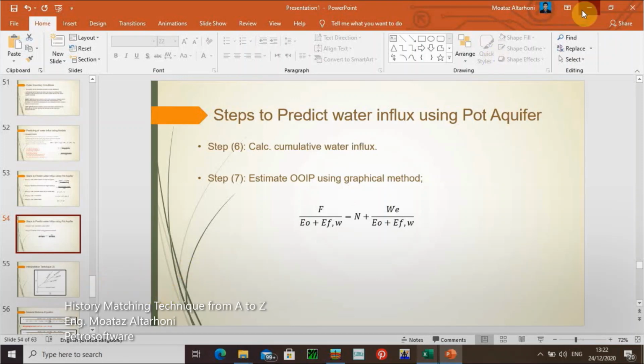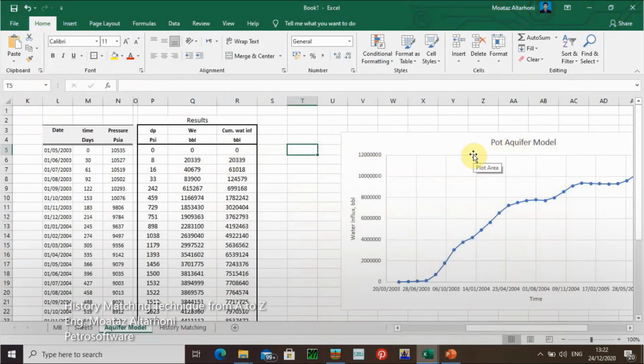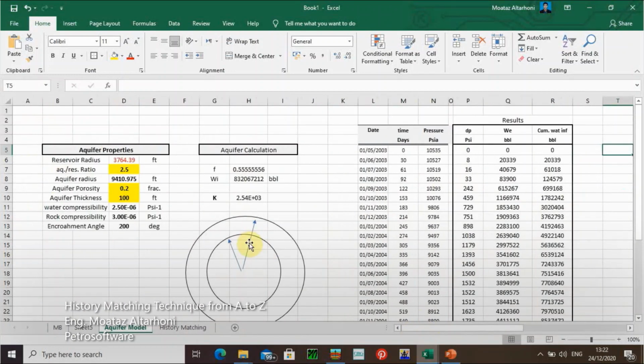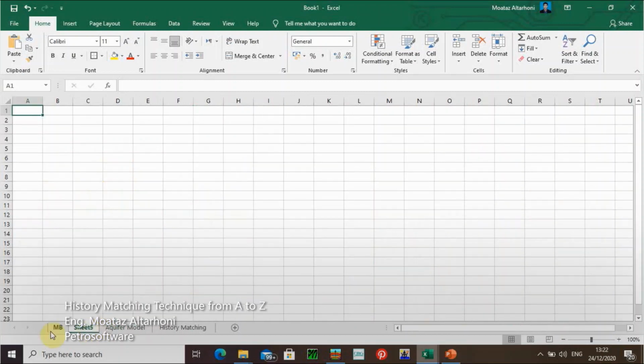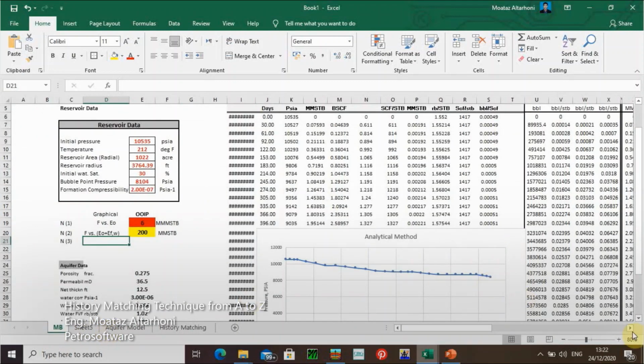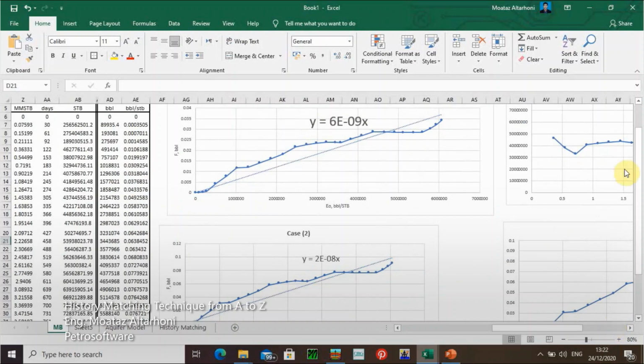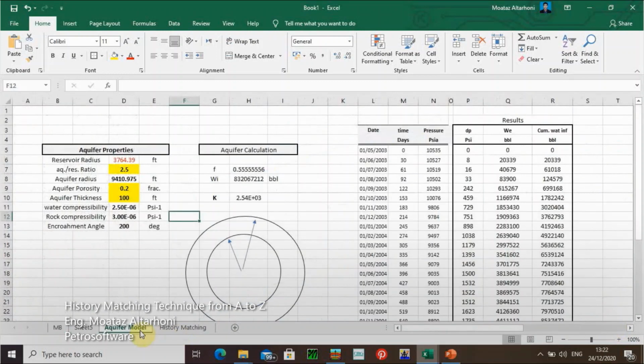I will use this now based on these values. Maybe I have high uncertainty in this value, but of course I am interested because in our analysis from our plot we decided we have an aquifer. So I will assume this result is good. So I need to calculate how much oil in place.